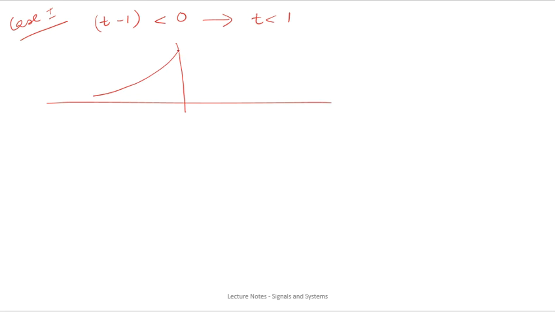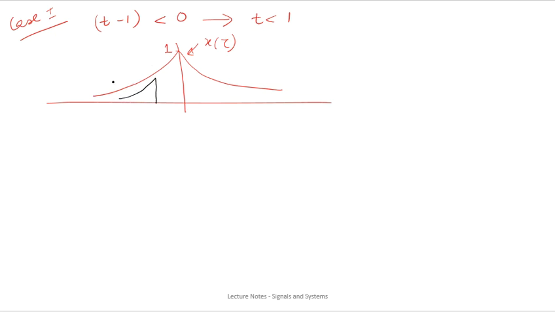This is the waveform of x of tau, and in the same figure I will now draw the waveform for h of t minus tau. Let me choose a different color for it. It should be something like this.